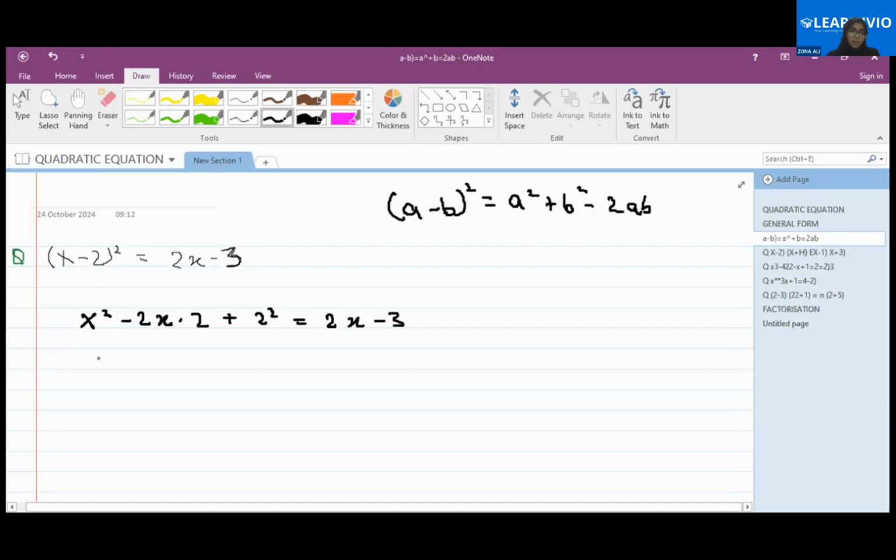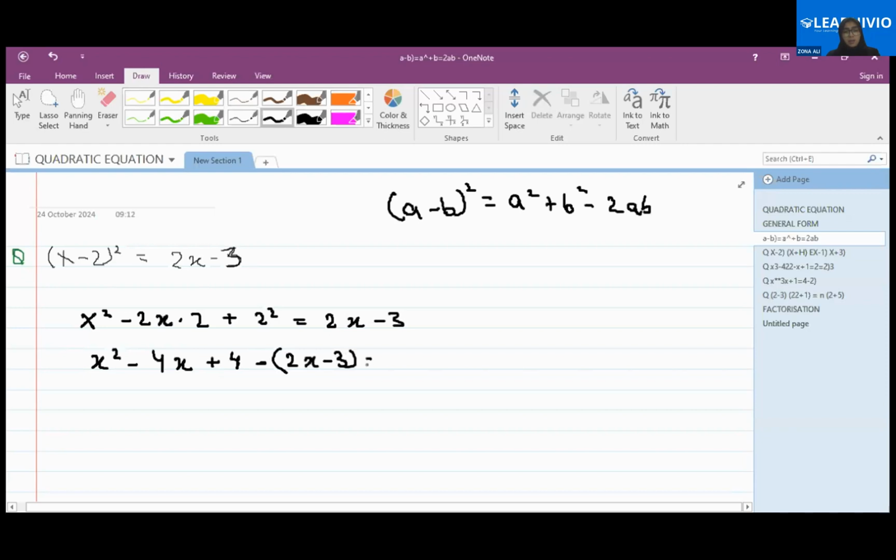Now what is the value of x square? It will give you x square minus 2 into 2 will give you 4x, plus 2 square is 4, and bringing this minus 2x and minus 3 here, it will be minus 2x minus 3 whole bracket.